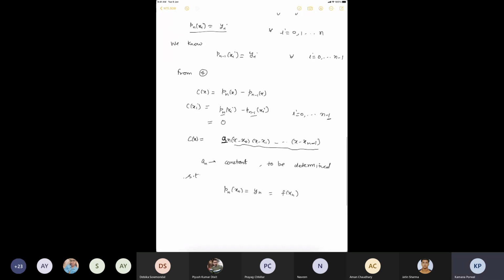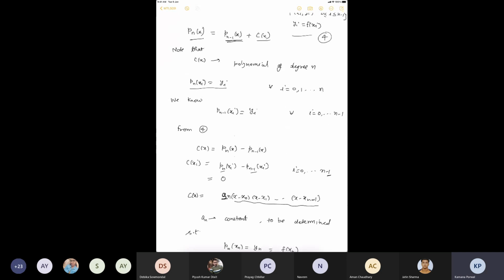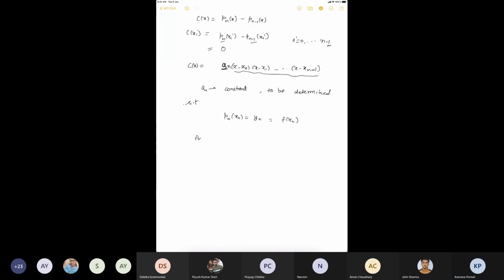So from equation number 4 again, I'm going to substitute x equal to xn there. So I will get f of xn equals Pn minus 1 at xn plus an times xn minus x0, and all the factors up to xn minus xn minus 1.